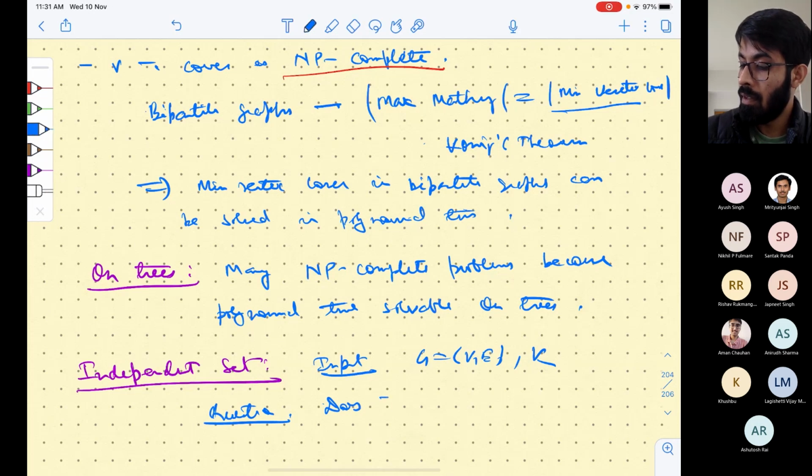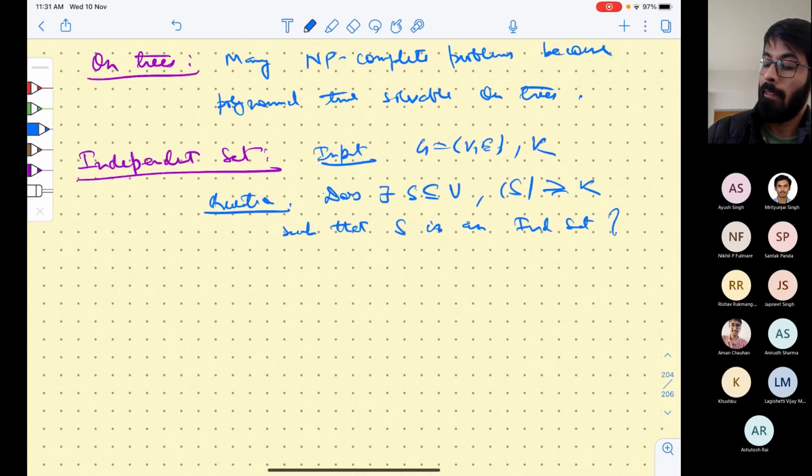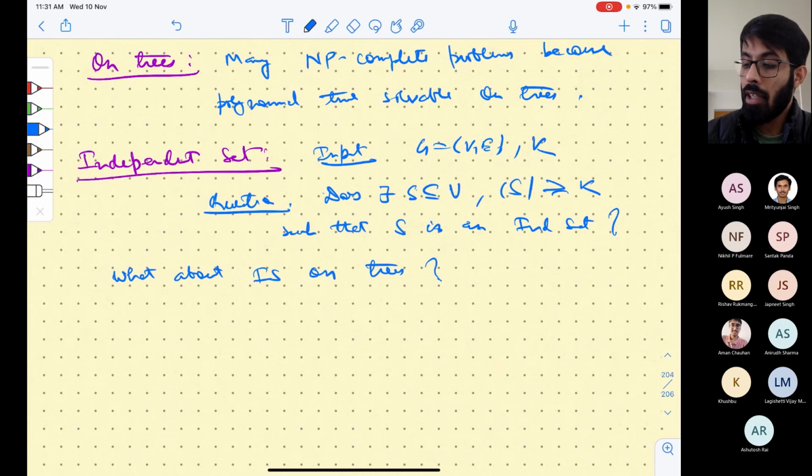I'm not going to define independent set right now. Now this problem we know is NP complete. We have seen that. But what about trees? It turns out that actually a greedy algorithm works.